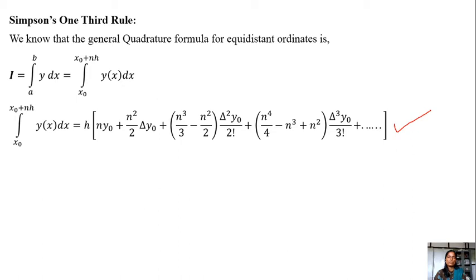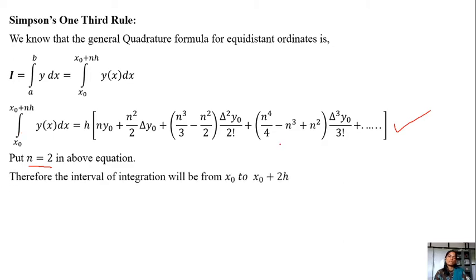To derive the trapezoidal rule, we put n equal to 1 here. Now in this formula we are going to put n equal to 2. So in the LHS the interval of integration will be from x naught to x naught plus twice h. In between there is x naught plus h.